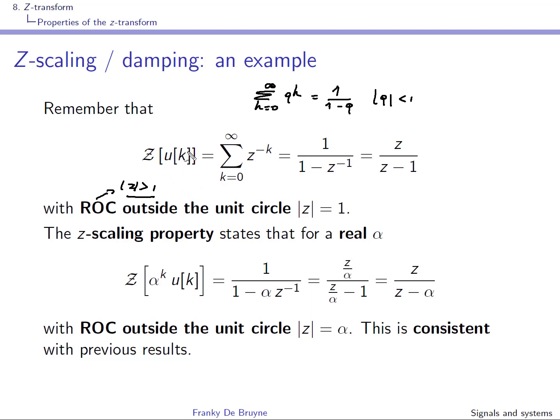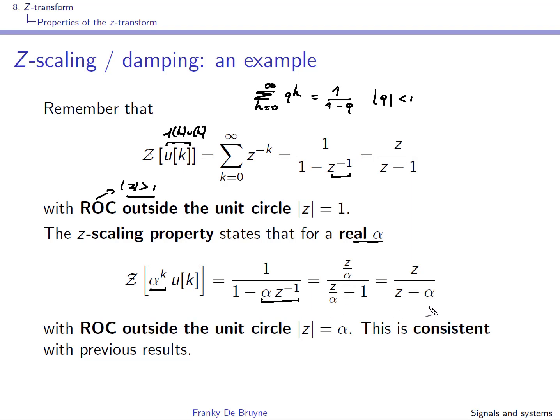So what we can do now, this will play the role of f[k] u[k]. We can multiply now with this exponential signal, and we'll assume here that it's a real exponential signal. And from the previous property we have seen that you have to take the original z transform, and if you're working in z^(-1), you replace z^(-1) by alpha z^(-1), and if you're using the z variable, you have to replace z by z divided by alpha.